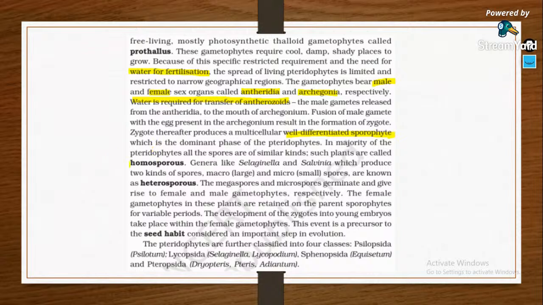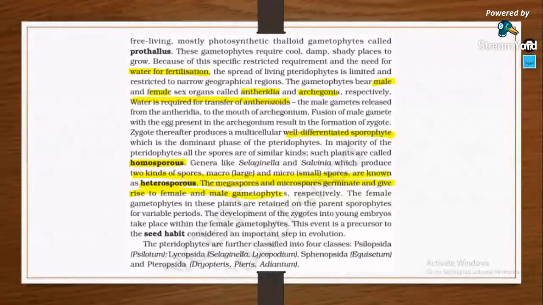So plants with similar spores are known as homosporous. If there are two kinds of spores, that is macro and micro spores, large and small spores, then they are known as heterosporous. The megaspores and microspores germinate and give rise to female and male gametophytes.